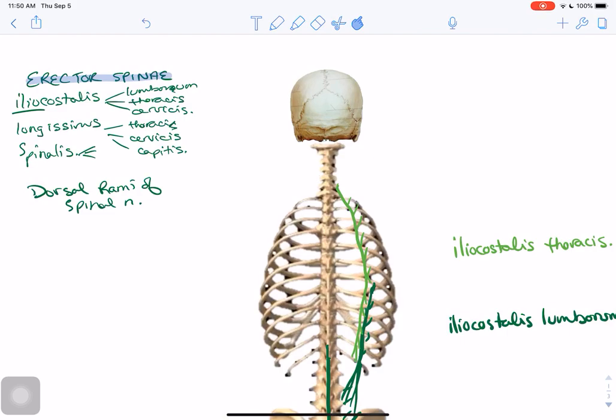So ribs 3 to 6, and then going up to transverse processes 4 to 6. There we go. And that's iliocostalis cervicis.